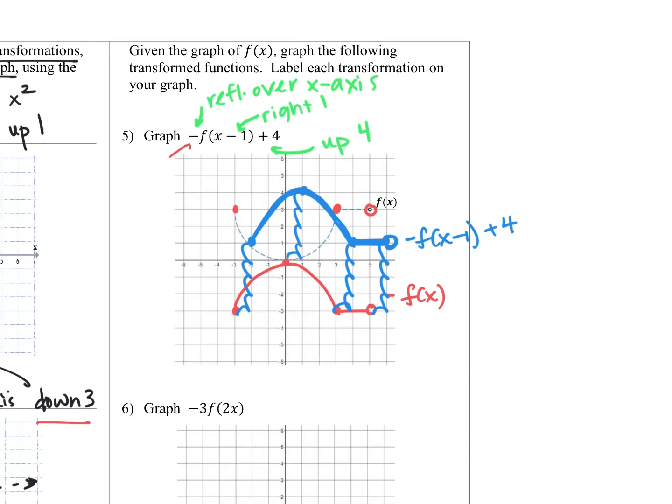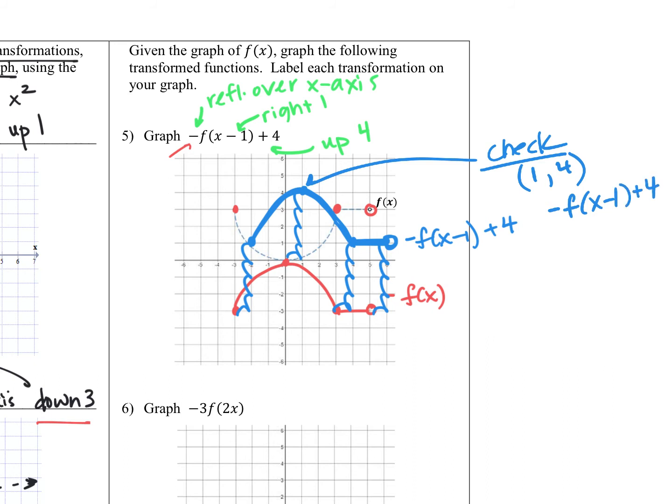And you can still check here, if you wanted to. So a point that I see right up here is 1, 4. To check it, what I want to know is if it satisfies this guy right here.